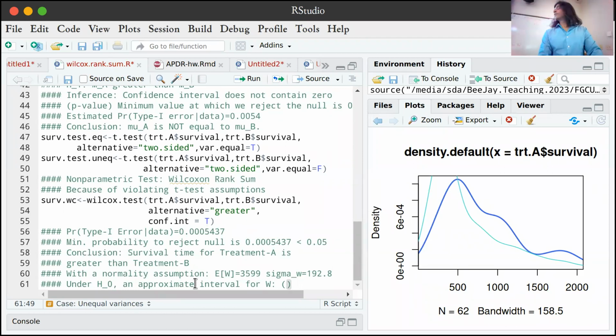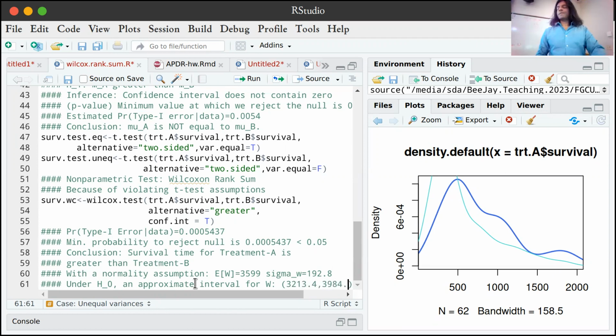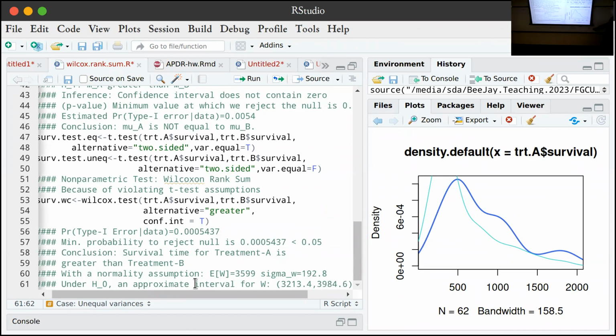I get a value of 3,213.4 all the way up to 3,984.6. What does this mean?